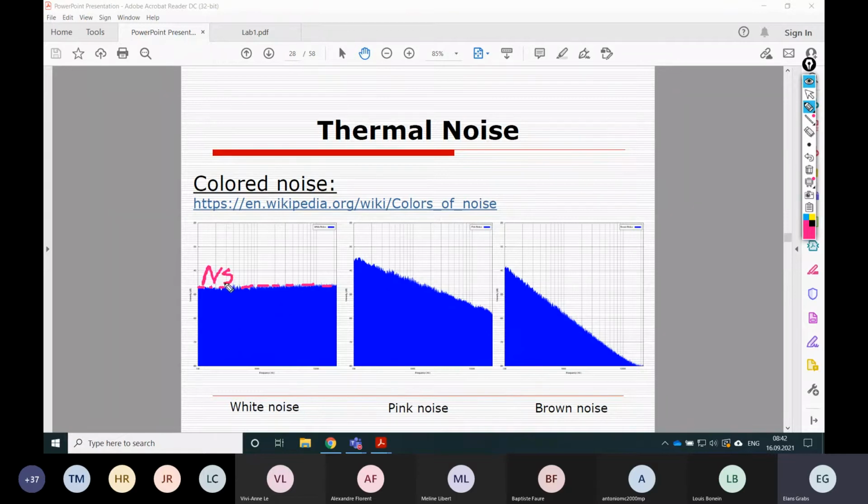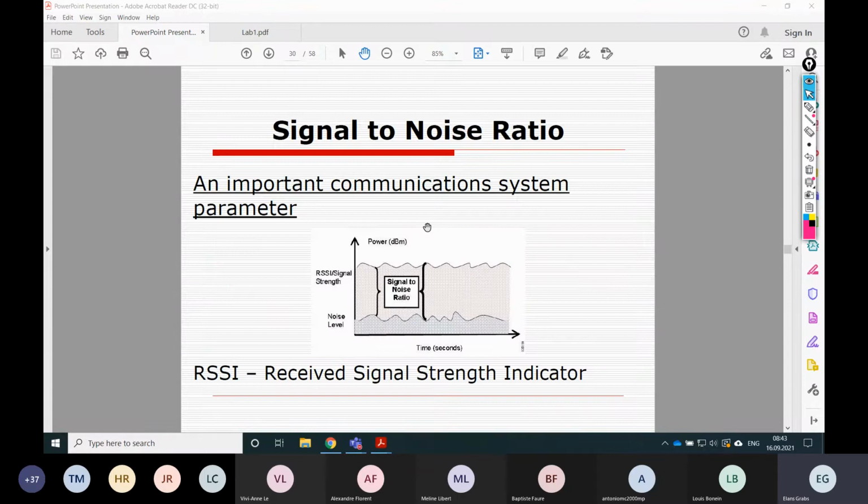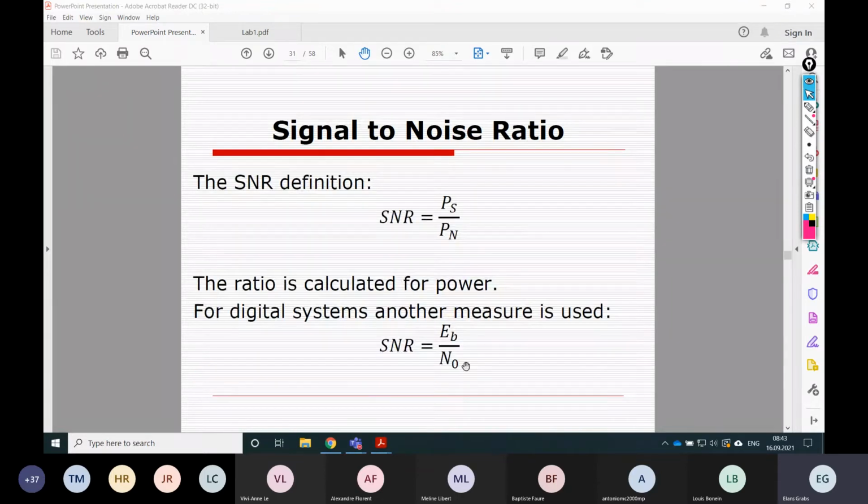This is the power of the noise per 1 Hertz. So 1 Hertz has this power of the noise. And not really even power, it's energy, the energy of the noise in a 1 Hertz frequency band.